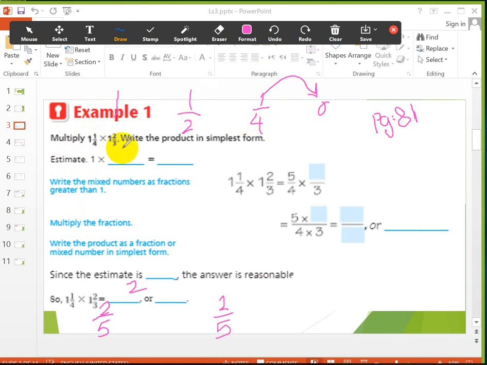According to the benchmark, 1 over 4 is close to 0 or 1, I think it's close to 0. So I will round 1 over 4 to 0. If it will be 0, that means there is no 1 over 4, only 1.